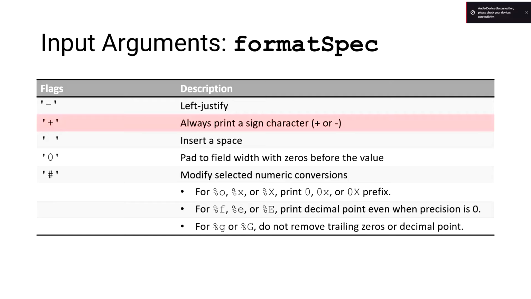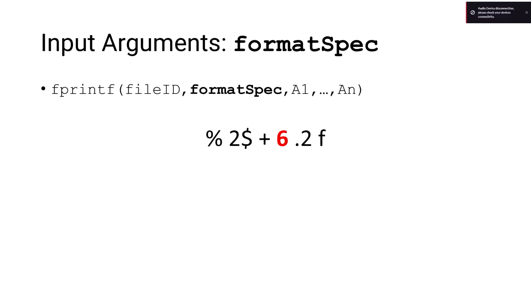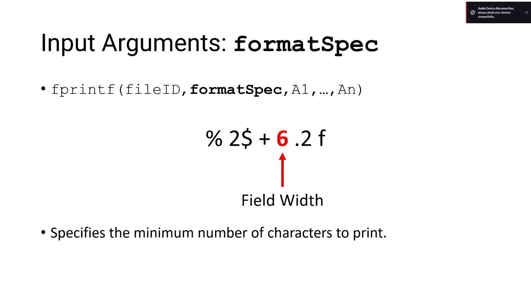Now in this case, we used the plus sign, which tells MATLAB to always print a sign character, positive or negative. Next, we have the field width. And the field width specifies the minimum number of characters to print, in this case, 6 characters.